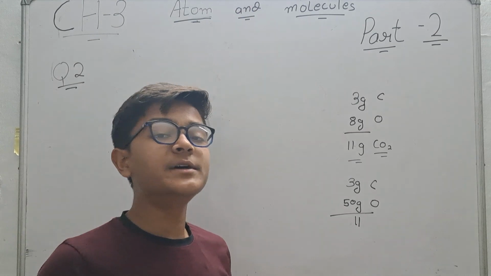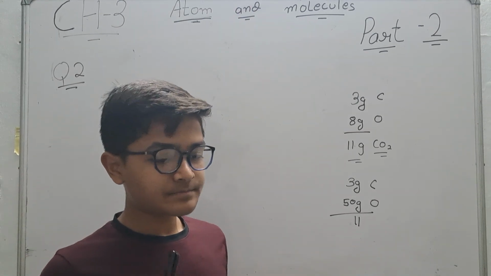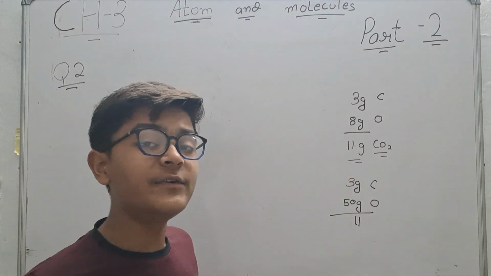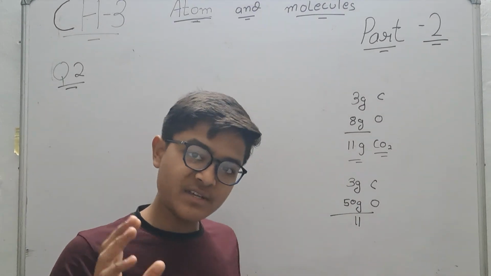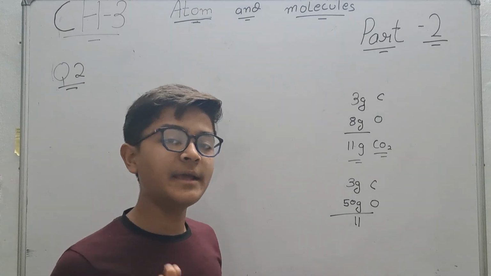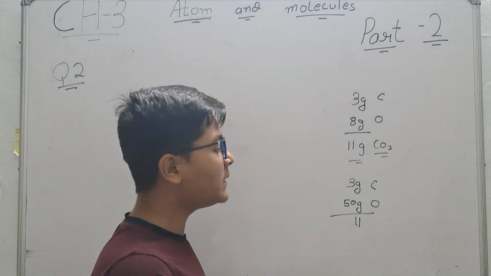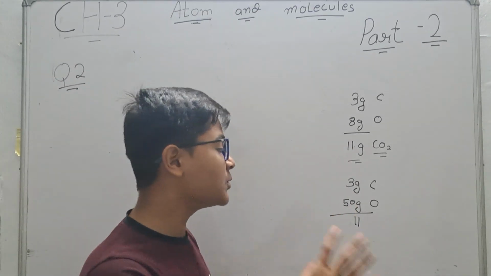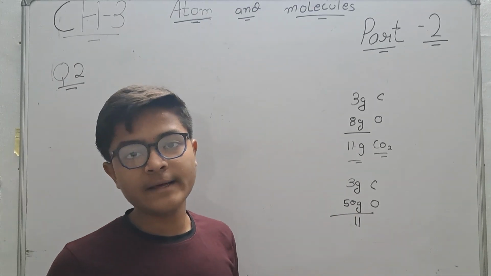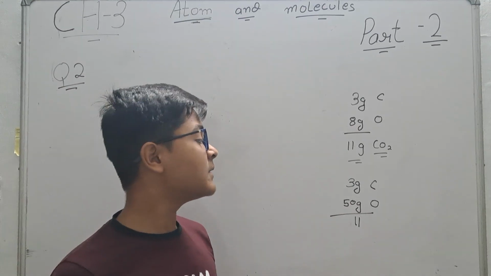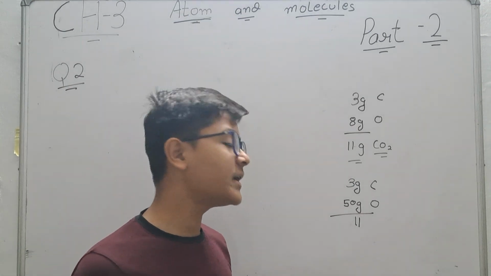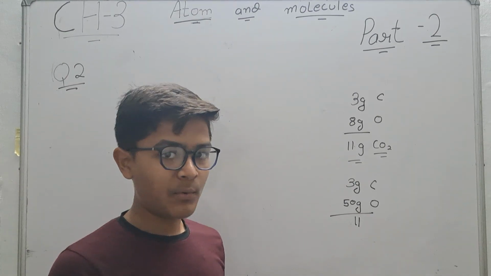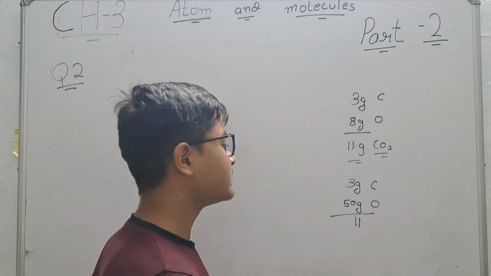So we know the law of constant proportion: 3 gram of carbon will always burn with only 11 gram of oxygen. If it burns with the whole 50 gram of oxygen, it will produce another compound, not CO2.